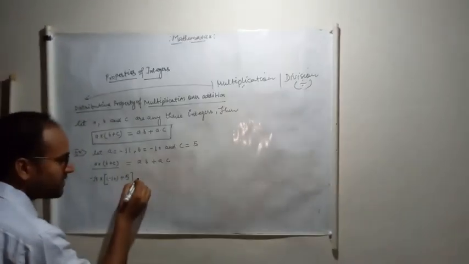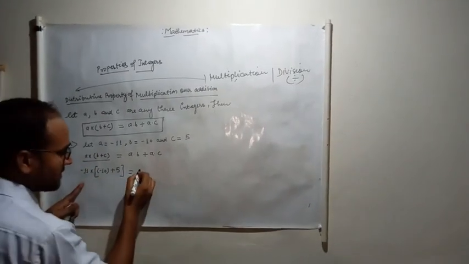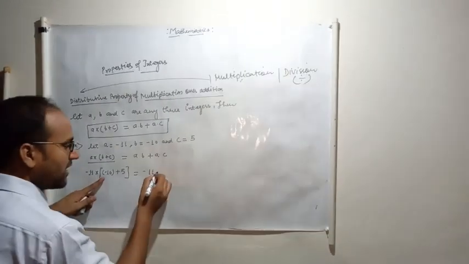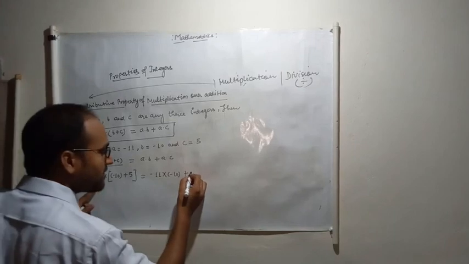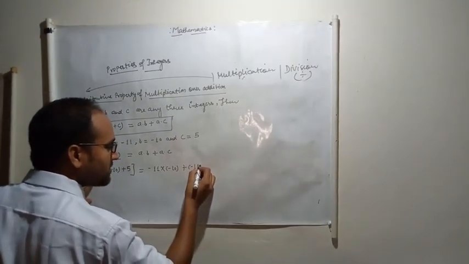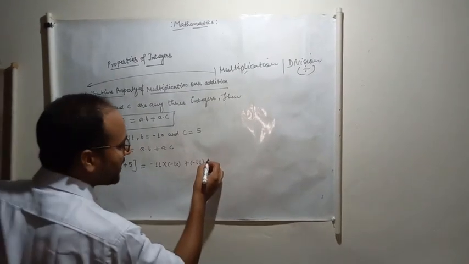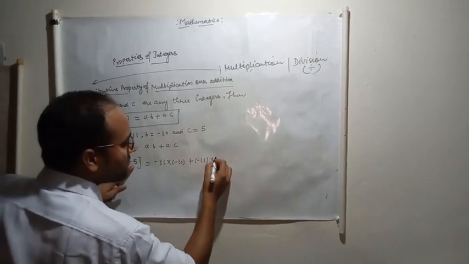So if you remove this bracket, then minus 11 is multiplied into bracket minus 10, and plus minus 11, I am going to write in bracket, is multiplied into the value of C, 5.